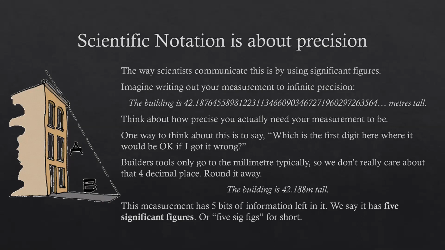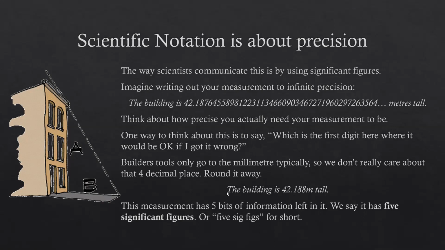And that measure of 5 is really a measure of how precisely we've measured this. If we get out our laser now and we say, actually, we're going to measure this down to the nearest nanometer, maybe not nanometer, micrometer, then we can keep an extra 3 decimal places, and we'd have 8 bits of information.